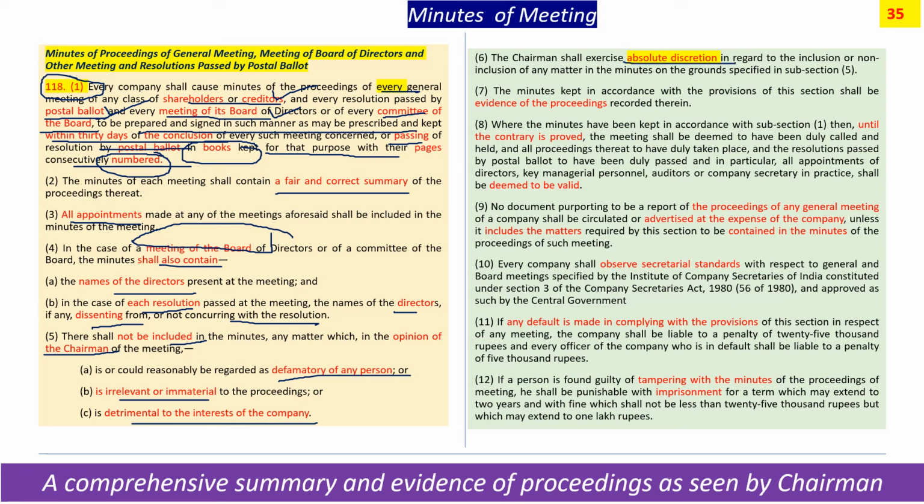The chairman has to use his absolute discretion, and minutes are produced as evidence of the proceedings as and when required, including in courts. They are evidence until the contrary is proved. They are not conclusive evidence. They are evidence of proceedings, but they can be contested and they are deemed to be valid.